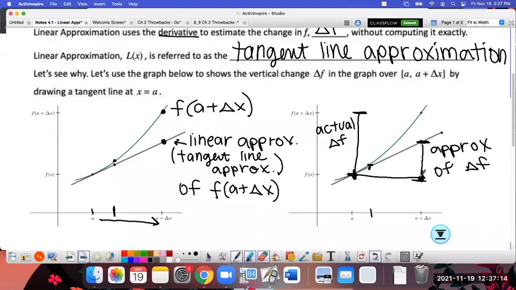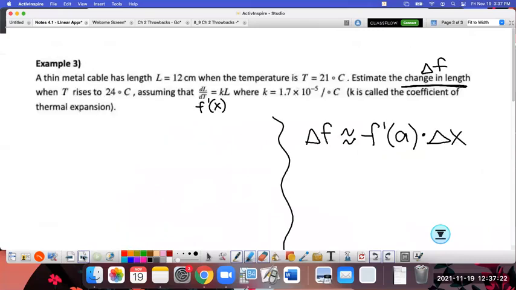So the a value has both pieces of information written somewhere in the problem, and the one that we're estimating for doesn't. So if I'm reading this problem, I'm seeing that the temperature 21 degrees Celsius goes together with that 12 centimeters. That tells me that that's going to be my a value, and that one of those other numbers is my f of a.